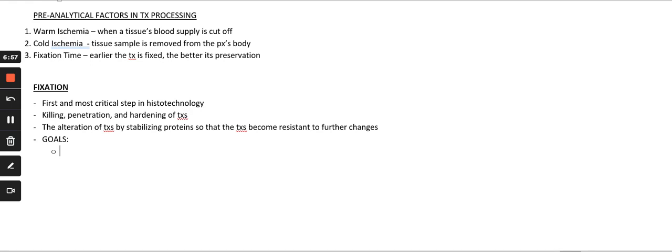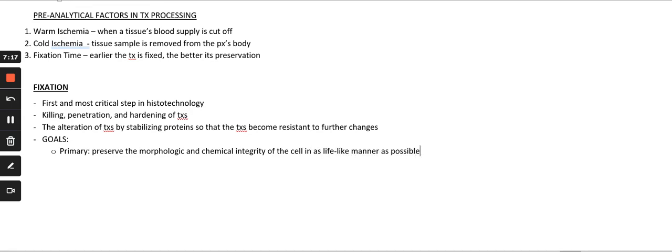Now, our primary goal for fixation is to preserve the morphologic and chemical integrity of the cell in as lifelike a manner as possible. Again, it is to preserve the morphologic and chemical integrity of the cell in as lifelike a manner as possible.